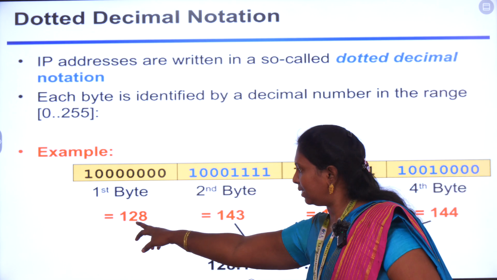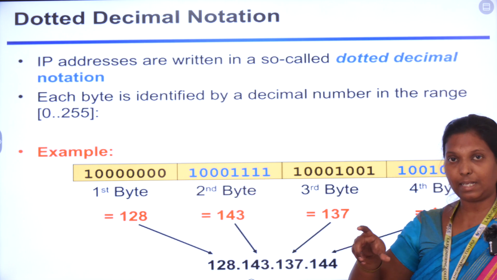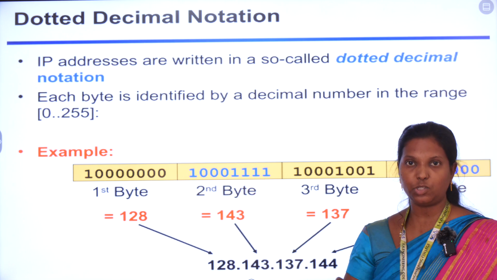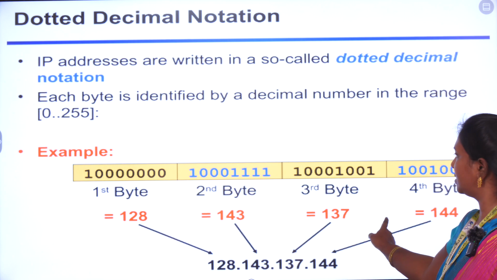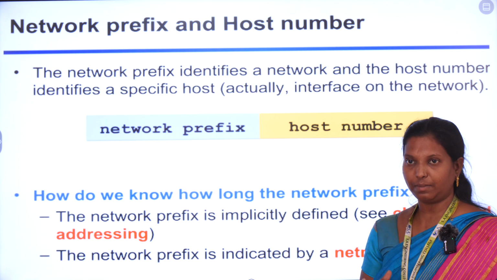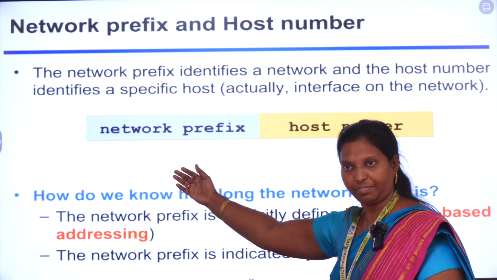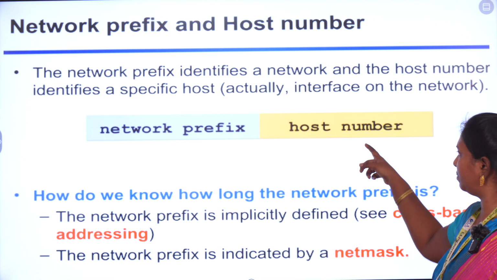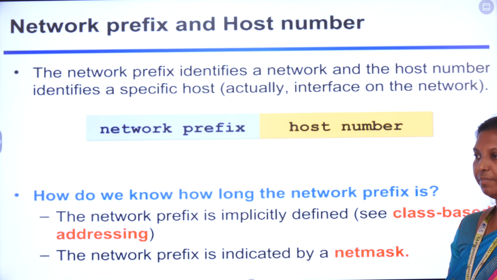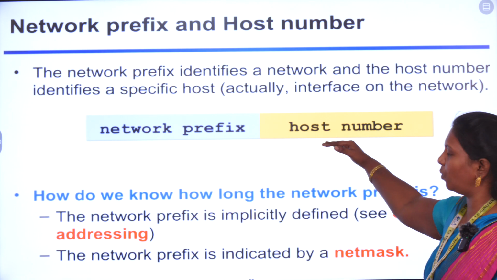Any number here starts with 128, but actually it can encompass the range 0 to 255. This is the default IP notation, and here the first two subdivisions of 8 bits can be combined as the network prefix, and the second 16 bits will be the host number. Whenever we fix the host number in different organizations, we just focus on the host number.